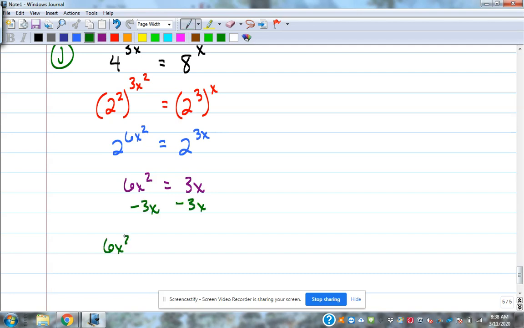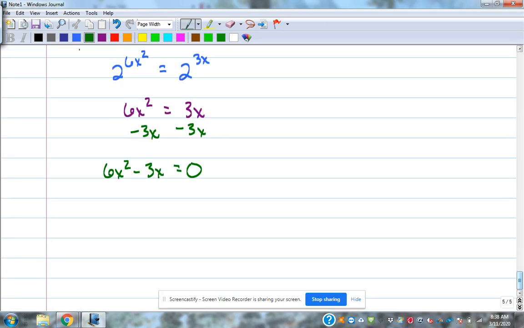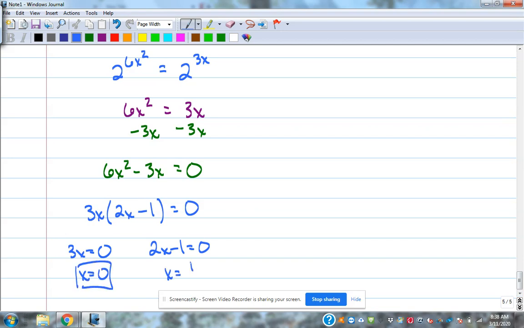And 6x squared minus 3x is equal to 0. GCF of 3x, good job. 2x minus 1. So 3x equal to 0, 2x minus 1 equals 0. And so that's going to be x equals 0, positive 1/2.